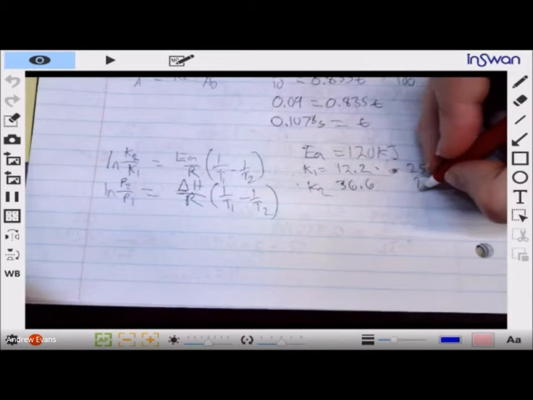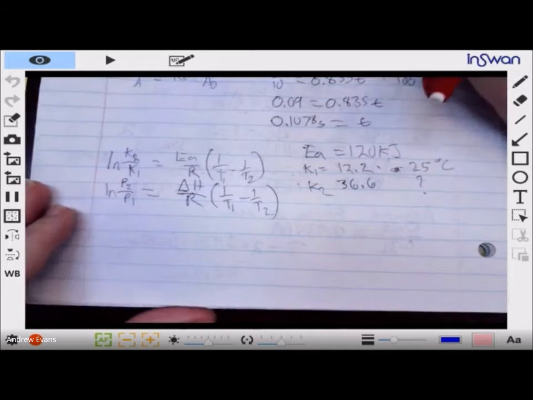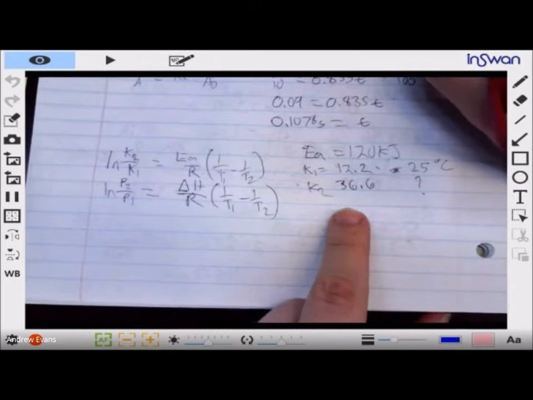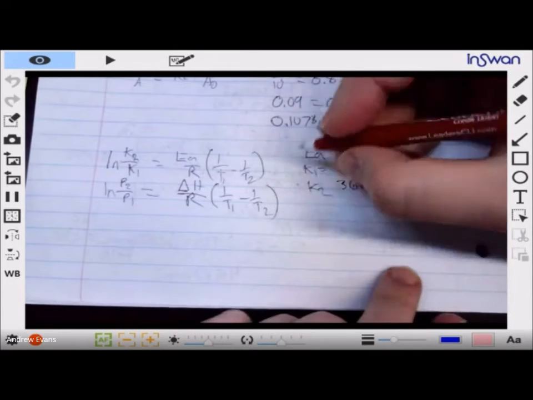So how much would it take to triple the temperature? I mean, how much would it take to triple the rate constant?